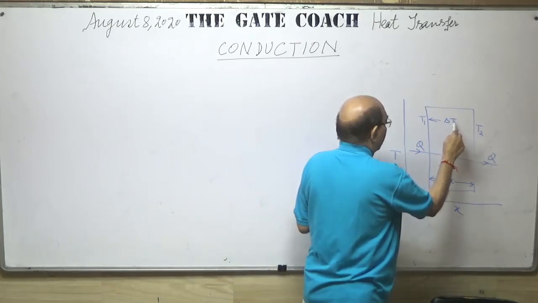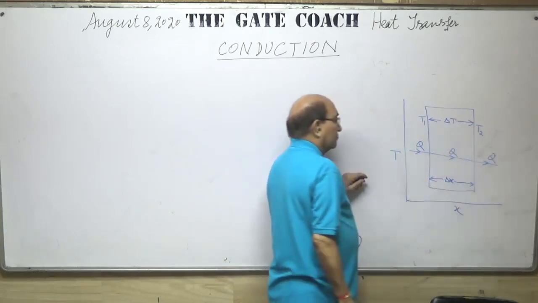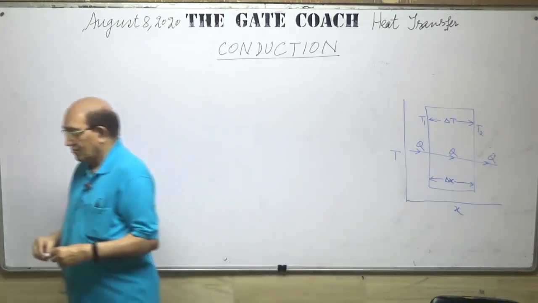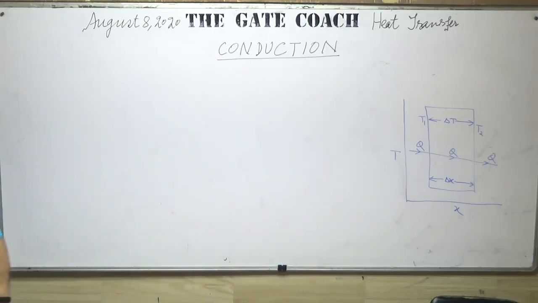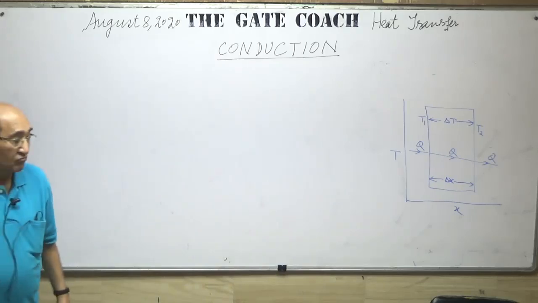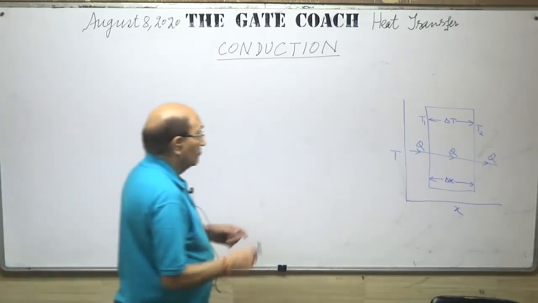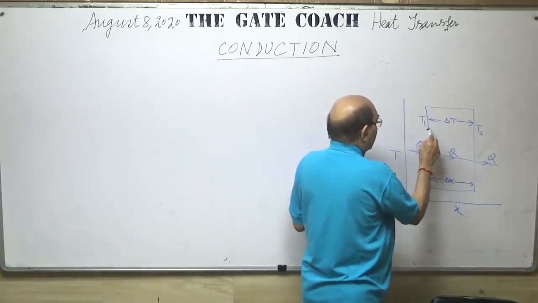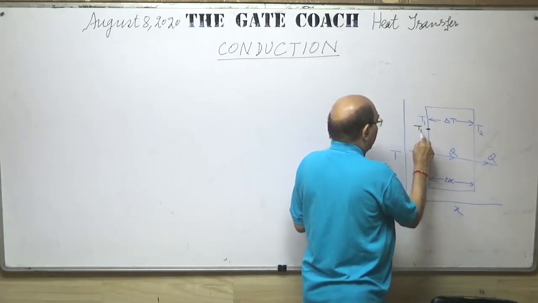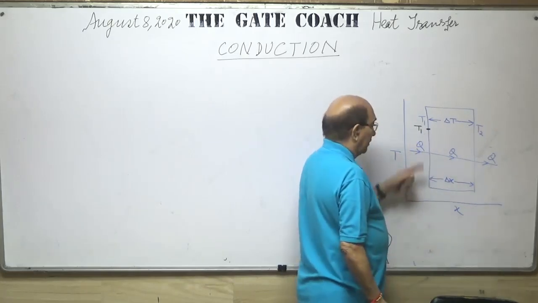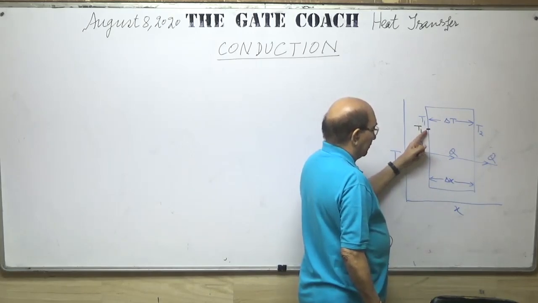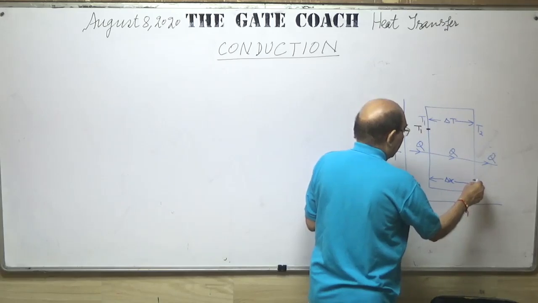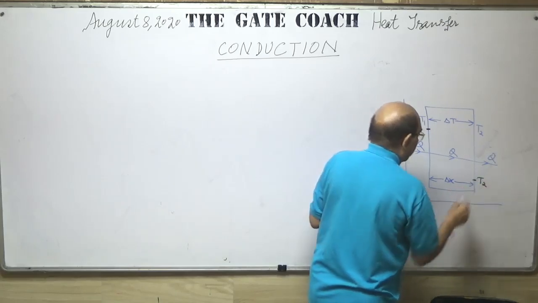This is delta T. To some scale, let this be the value of T1. Say it was given 80 degree centigrade. T2 was given 20 degree centigrade. This is the value of T2.